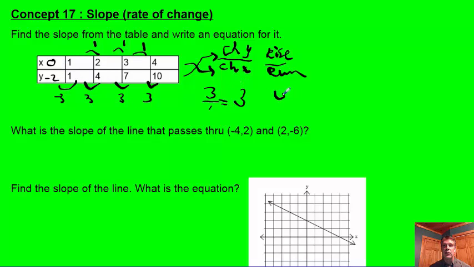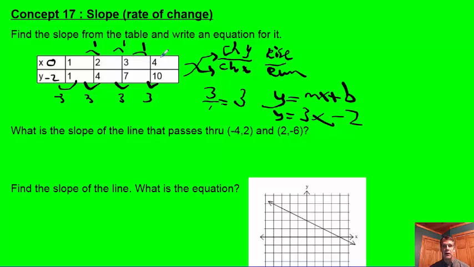Now I can write my equation. Remember, y equals slope times x plus b. This is slope-intercept. So I'm going to have y equals my slope, 3x, plus my starting point, which is -2. There's my equation for this line right here.